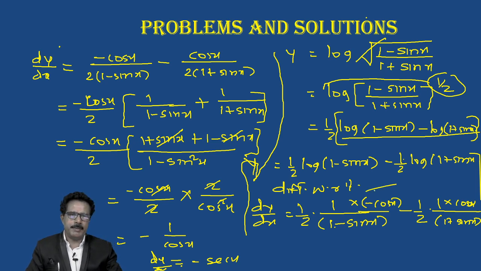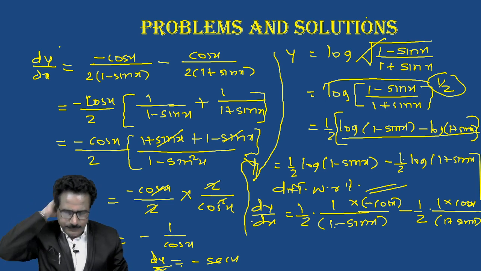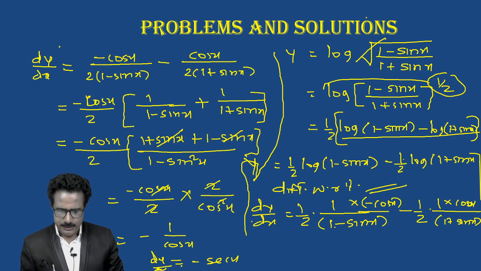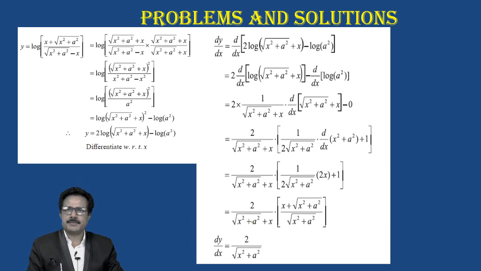These are the simplification steps from first to this, and then differentiation. Thus we can find the derivative of such types of logarithmic functions. Next, we shall study another example, which is a critical, tough example included in log. So we shall discuss this example here.